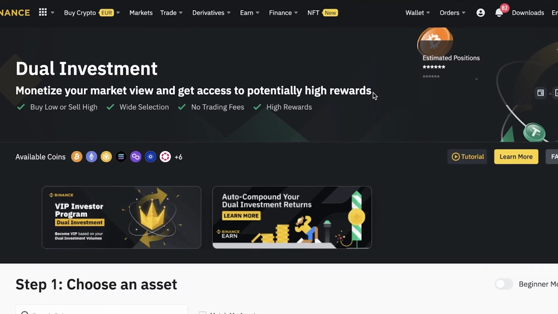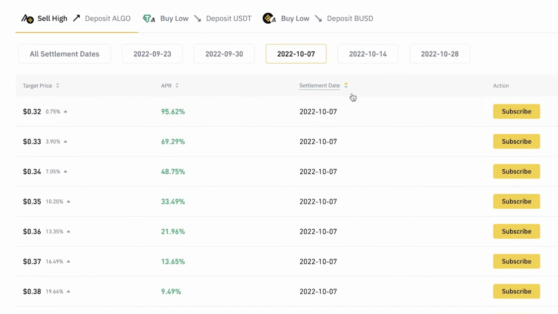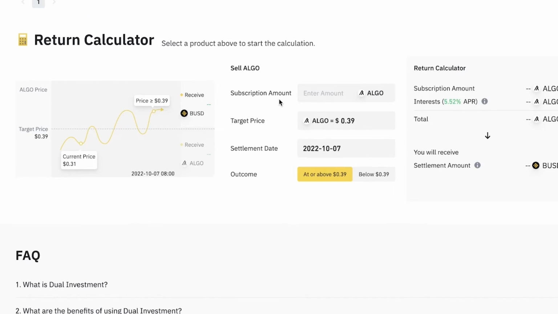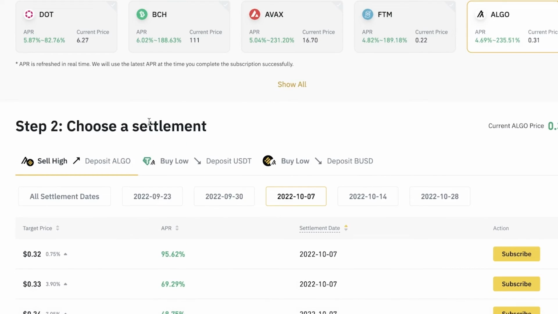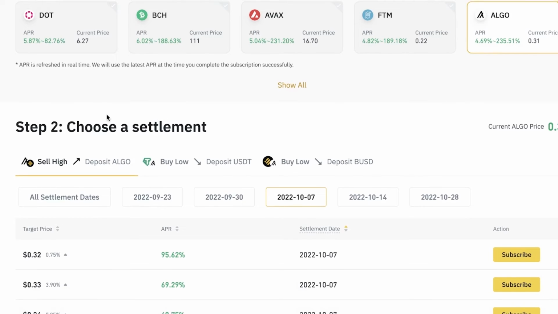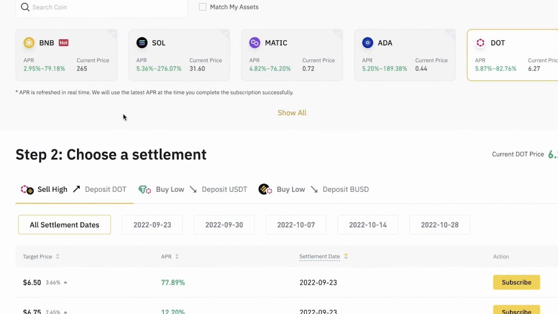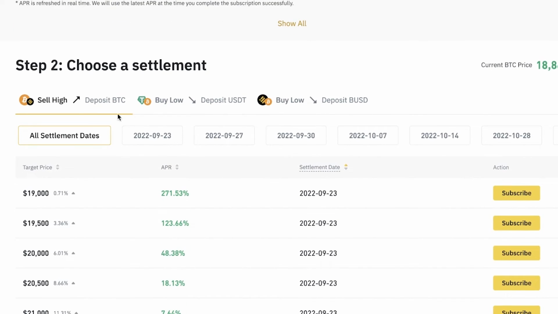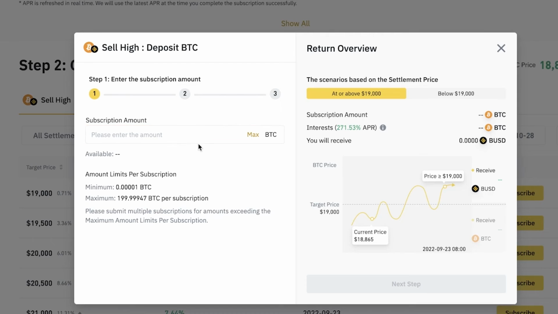Now, you also need to understand that there is a low risk and high reward. However, depreciation of crypto is also a very possible item. Let's say you select a crypto token, say I expect BTC, and I think the price will increase, and I subscribe to this offer over here, and the price does not increase.